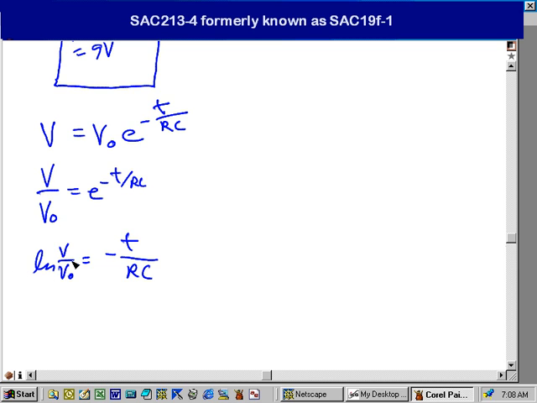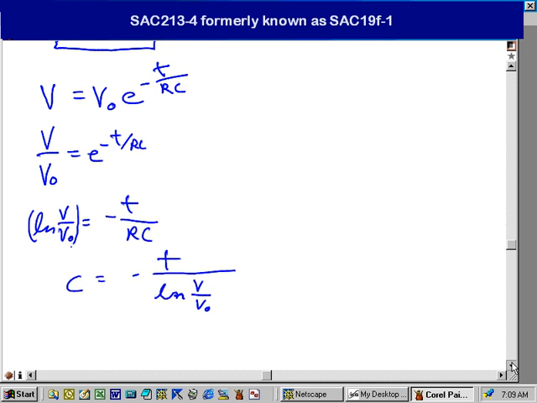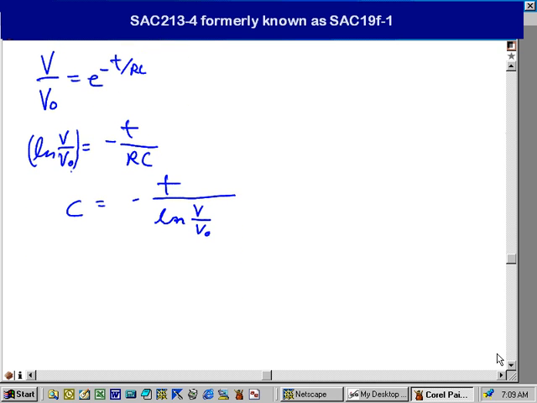Now multiply both sides by C and divide both sides by this natural log. And there's still an R down here.